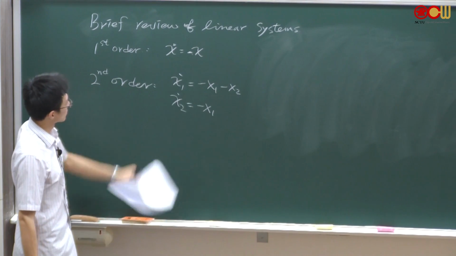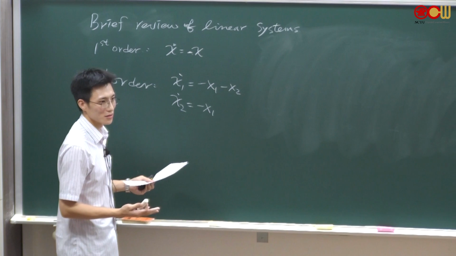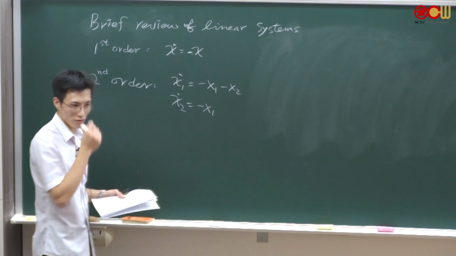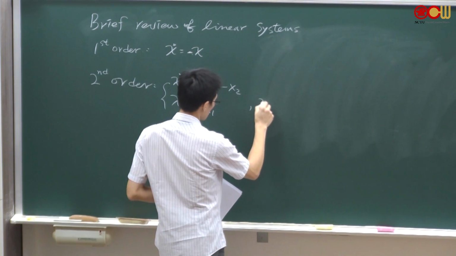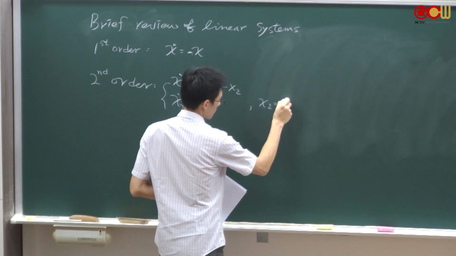In the first-order case, the dynamics of the system just looks like an ODE from the engineering math that you have taken in the second year of your undergrad. So the relation for x1, x2 is x2 is x1 dot.